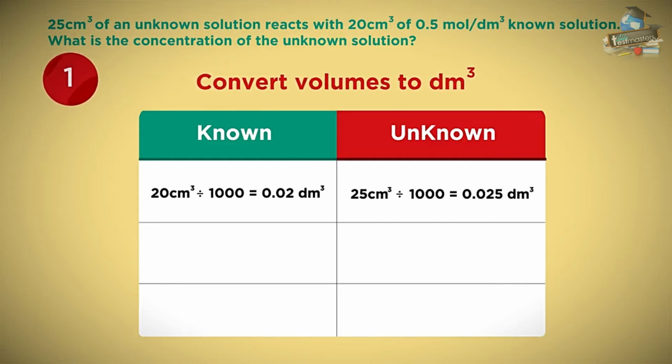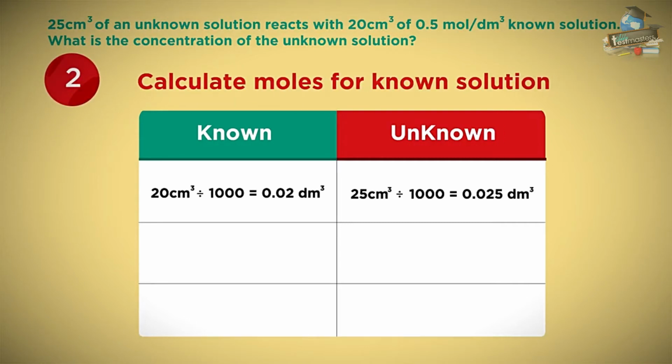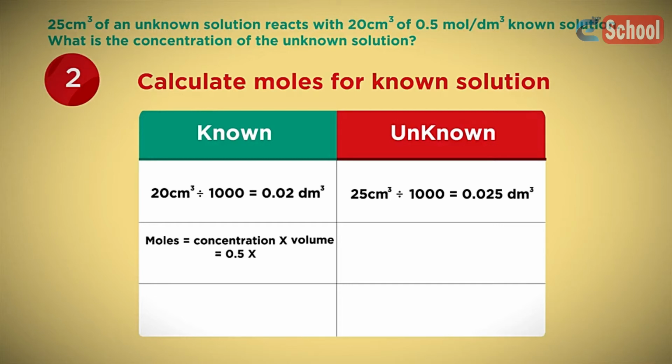Now you need to work out the number of moles for the known solution, because we already know the concentration and volume for this. The number of moles equals concentration multiplied by volume. So in this case, for the known solution, the number of moles equals 0.5 multiplied by 0.02, which equals 0.01 mole.